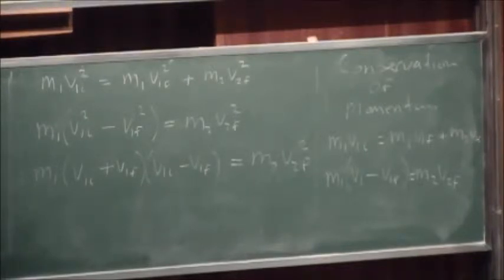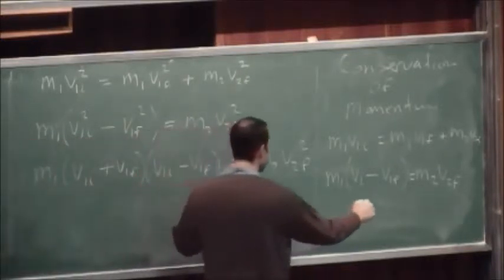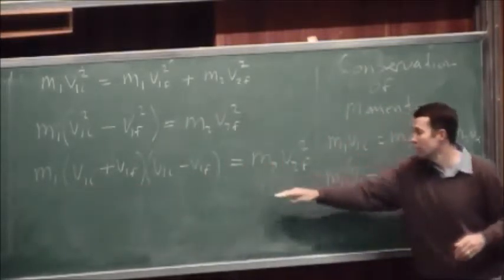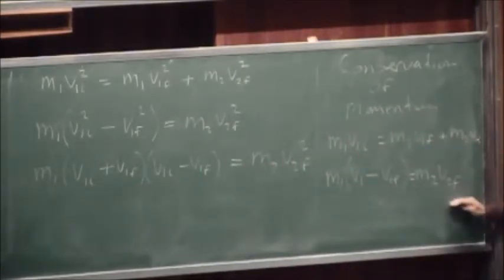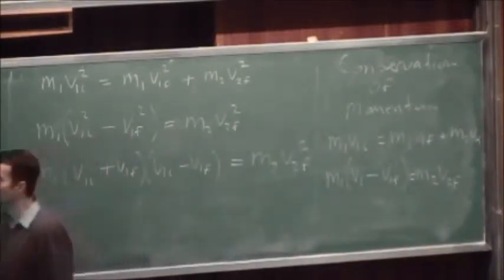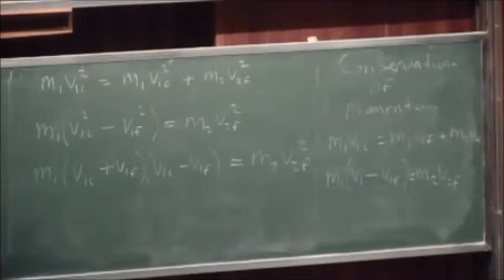That's very astute. I'm going to show you a very simple way of dealing with this. I'll show you a different way. But basically, I'm going to take this equation and divide by this equation. This is an important algebra technique.